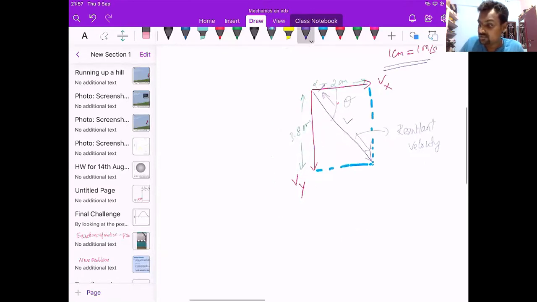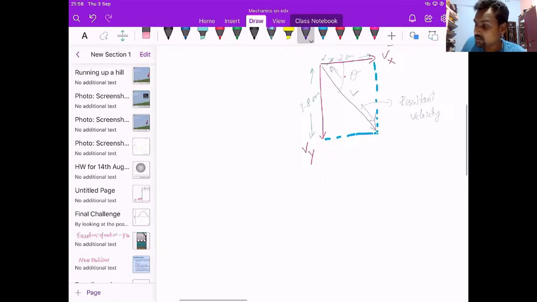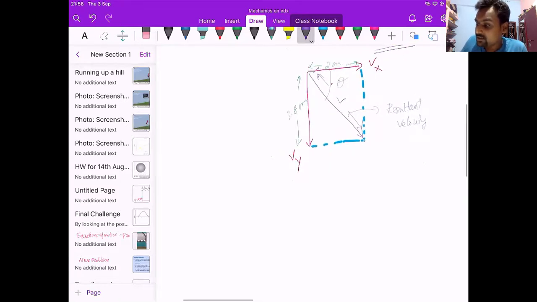So one technique is to use the scale method. When I say the scale method, you draw it graphically and find it out. The second method is to use Pythagoras theorem. So how do I find the resultant velocity? You can clearly see there is a right angle triangle formed here, right? So it's either this one or this one that is a right angle triangle. If I go for either of these, you'll realize that the resultant velocity will be the square root of 2 squared plus 3.8 squared.